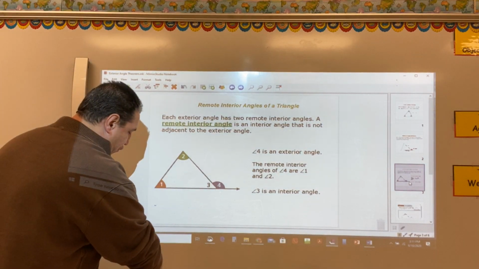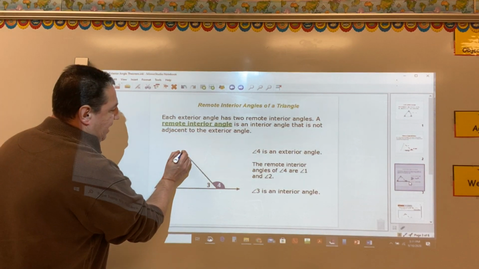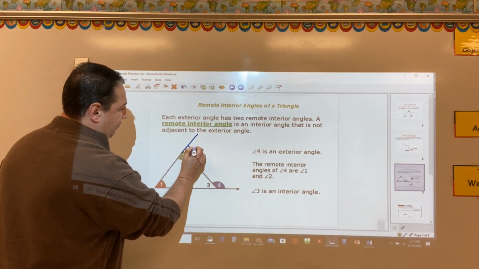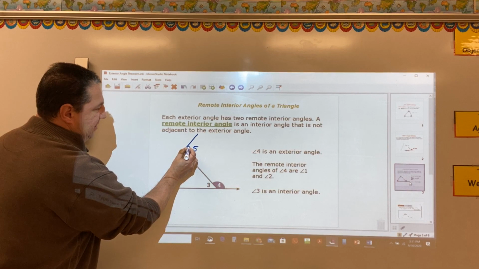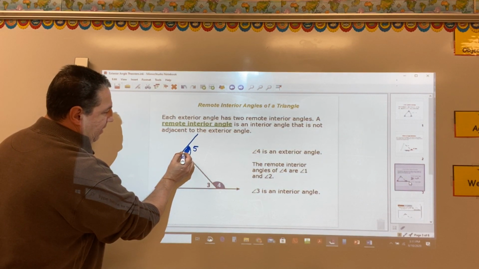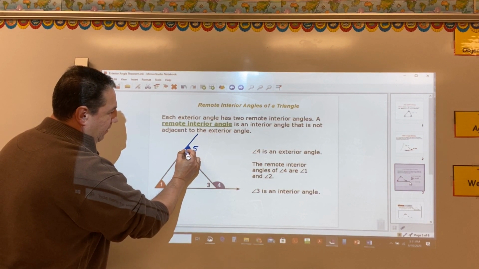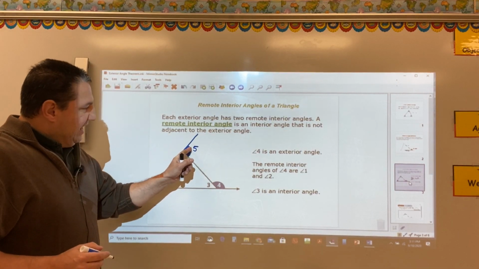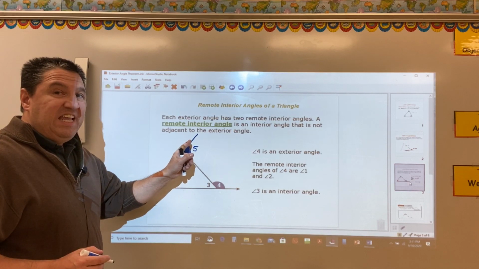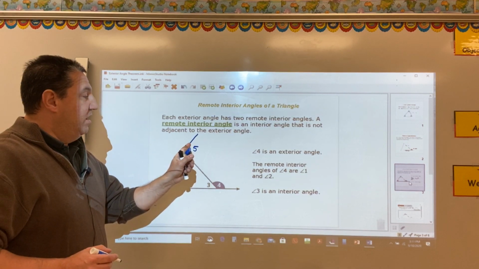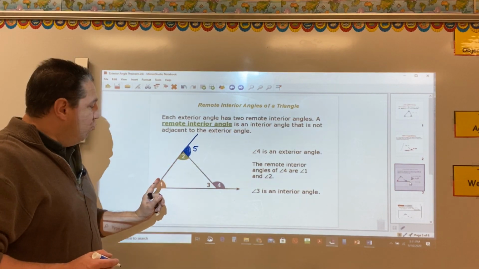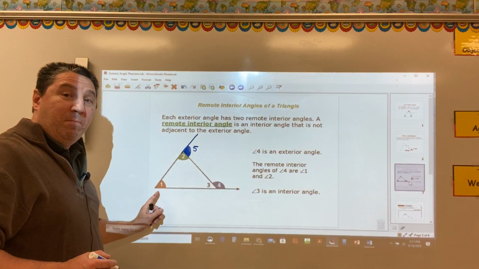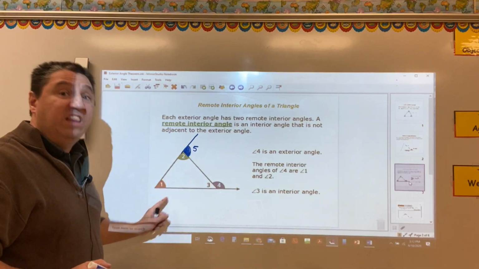Now, if we consider the other exterior angle, let's say this is 5, the remote interior angles of exterior angle 5 would be 1 and 3, because they have to be non-adjacent.